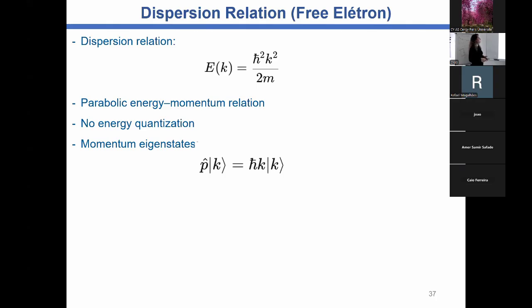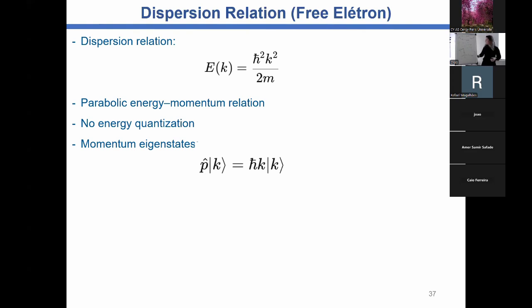We don't see the graph here, but if we draw a graph for a free electron, with free potential, the energy will be described by a parabola.